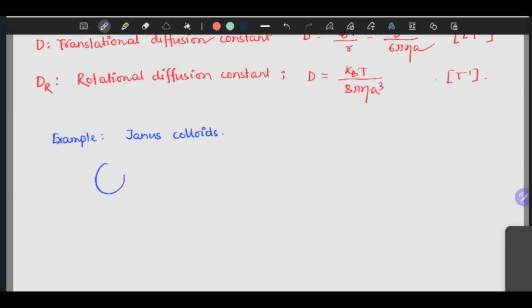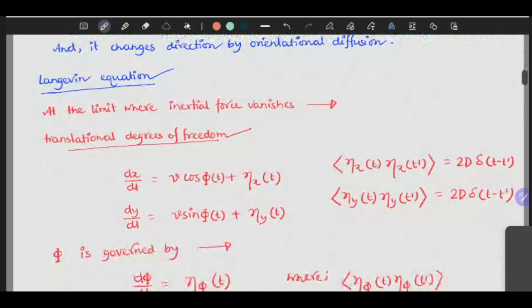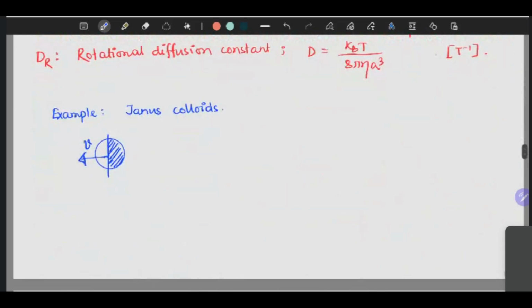There is a colloid, and one surface is coated with some platinum, and by some external agents you make a certain asymmetry so that it self-propels in some direction with velocity v. In the Langevin equation, the only thing that is changing is that you are adding a self-propulsion part. And v is the self-propulsion speed. Okay, so that is the active Brownian particle.